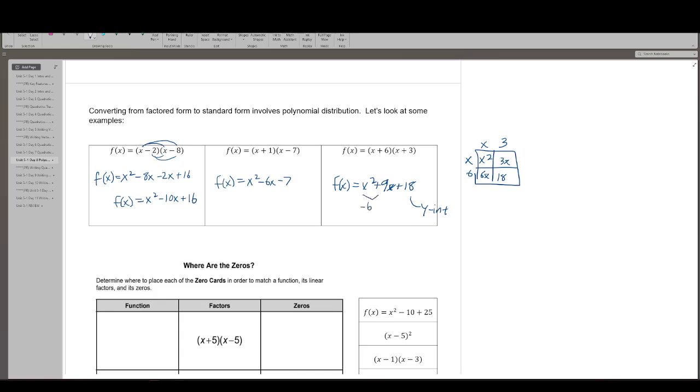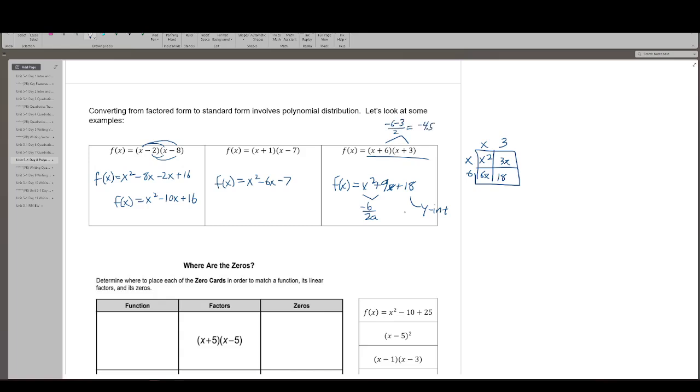So we do negative b over 2a, and then we can use the axis of symmetry, plug it in to find the k value. Although if we have this intercept form, we usually wouldn't find the vertex from standard form. We would find it from factored form by saying that the axis of symmetry is the average of -6 and -3. So -6 plus -3 over 2 would be -4.5.